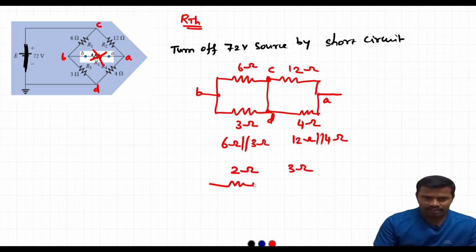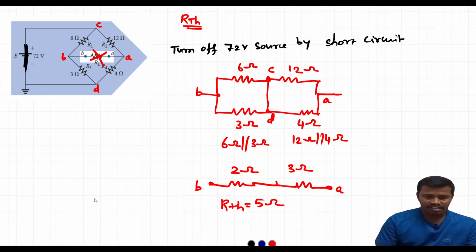So 2 ohm and 3 ohm. The equivalent resistance between terminals A and B is 5 ohm, which is the RTH.